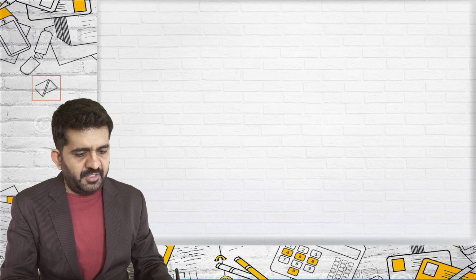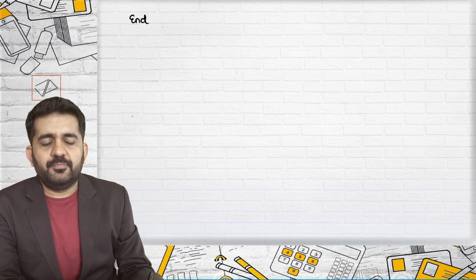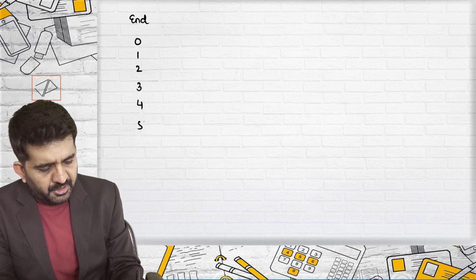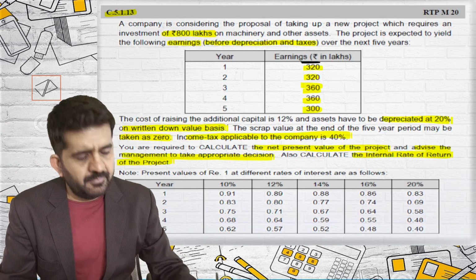See how I am solving the question. At the end of 0 year, first year, second year, third year, fourth year, and fifth year. What figure is given?